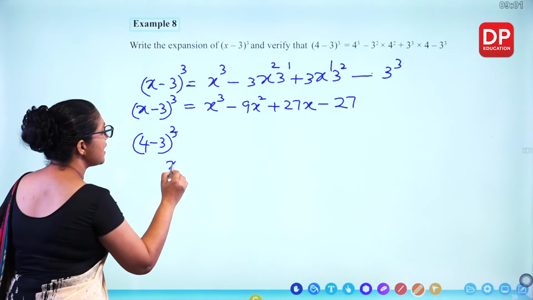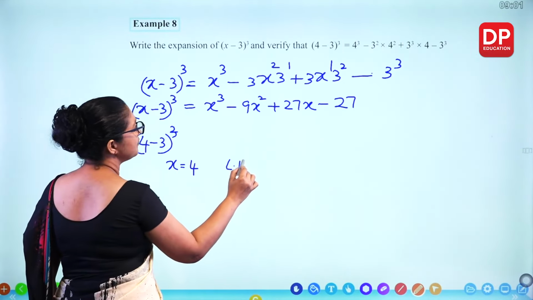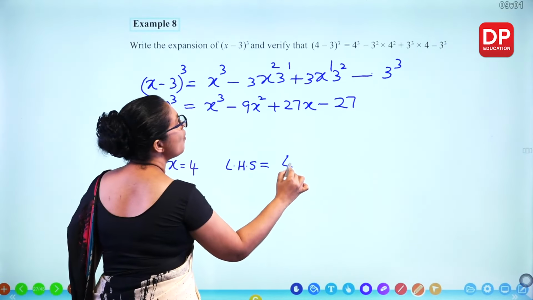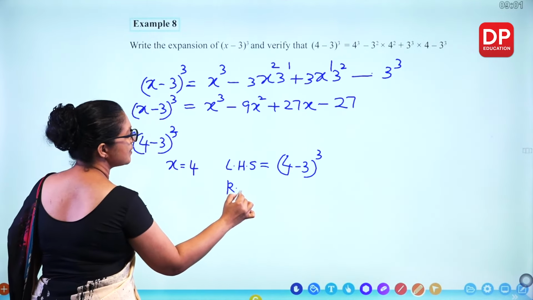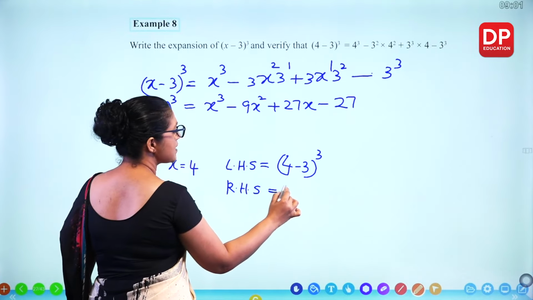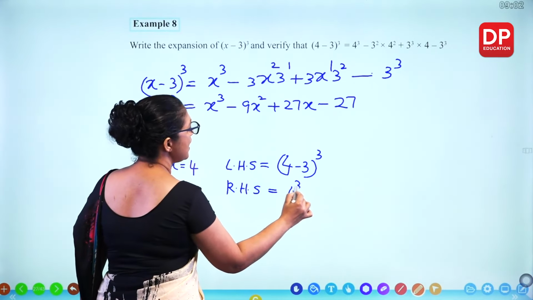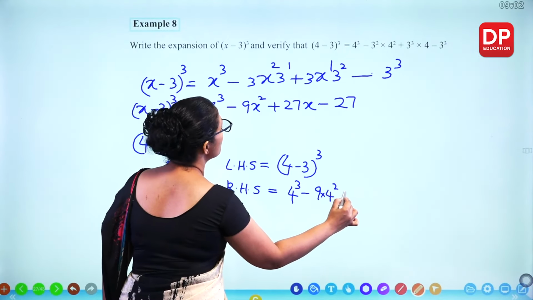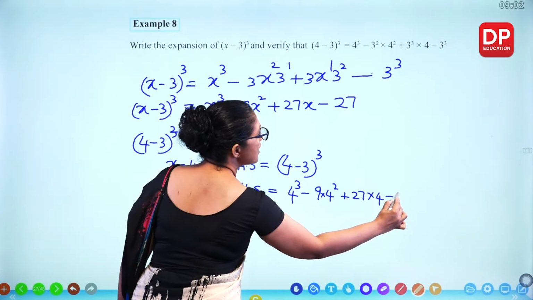So when x equals 4, what's the left hand side? Left hand side becomes 4 minus 3 cube. What's the right hand side of this expression? So we can substitute x as 4. 4 to the power 3 minus 9, 4 to the power 2 plus 27 times 4 minus 27.